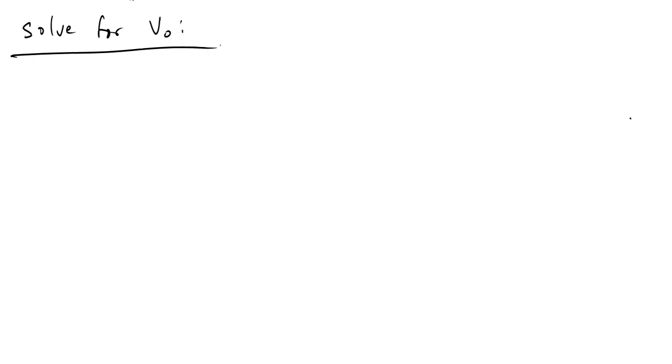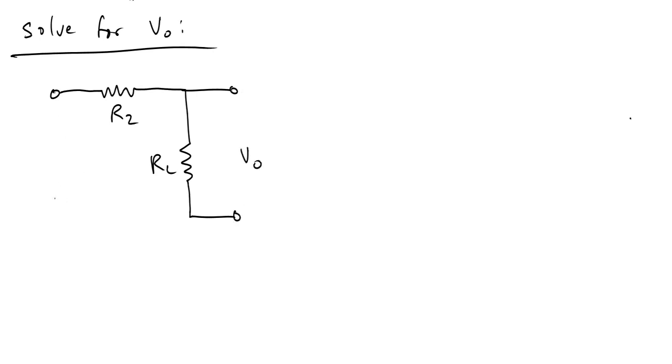If we just take the right side of the circuit, we have R2, we have RL, and then we have V out, and we have V1 here that we just solved for above.